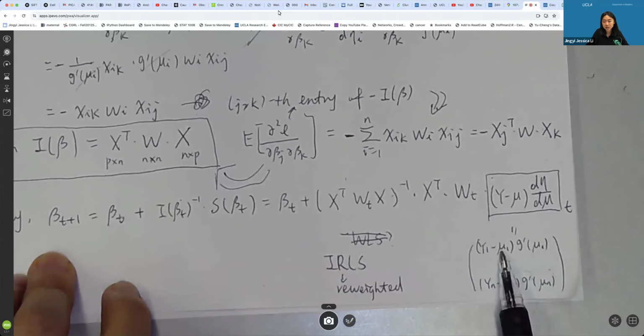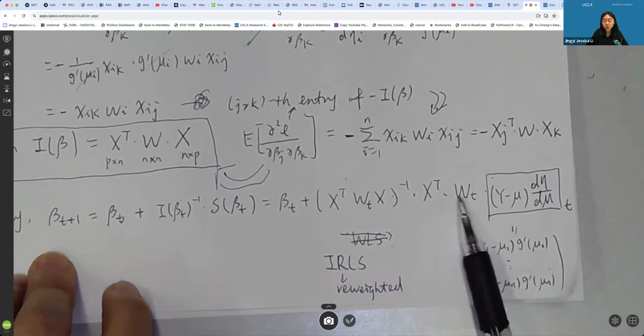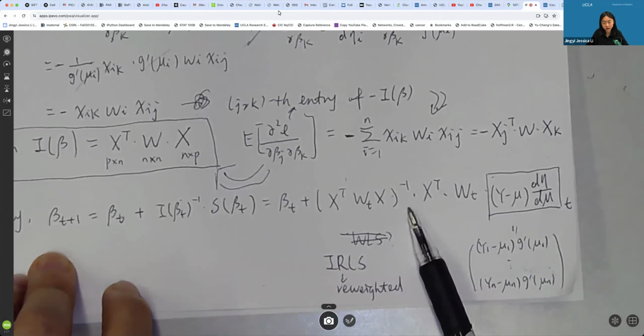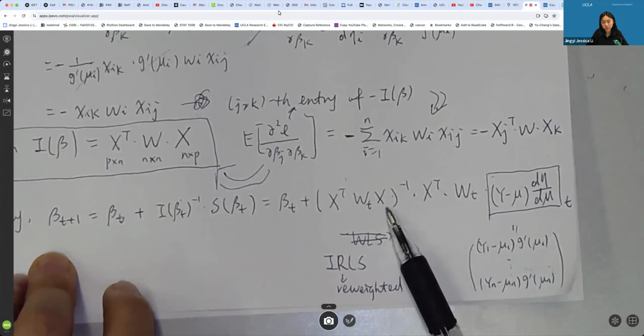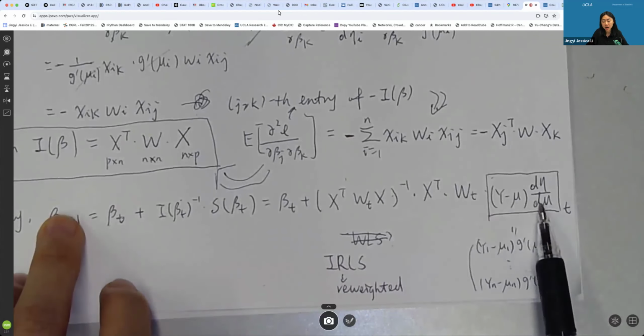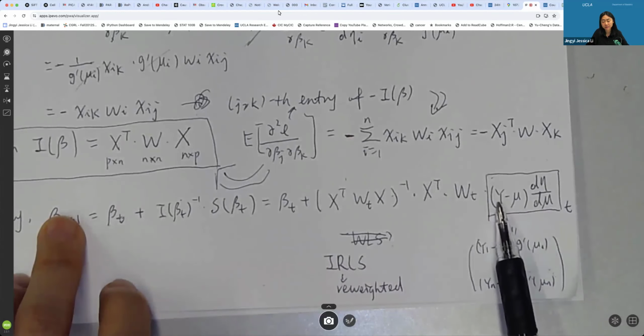So in this case, you see that the intuition is that we're doing reweighted least square, weighted least square to estimate beta, not using the original y vector, because the yi's could be binary, could be count. They're not like the continuous response we have for the Gaussian model.